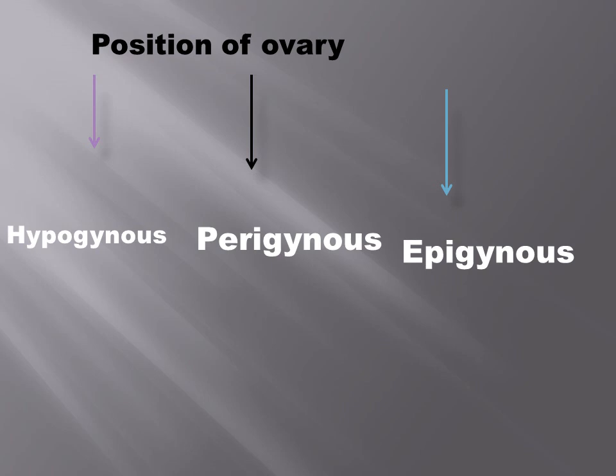It means the ovary is half superior and half inferior. For example, in rose. So in rose, a perigynous ovary is present where the calyx, corolla and androecium arise from the tip of the cup. They are in the cup-like structure and the ovary is half inferior and half superior.